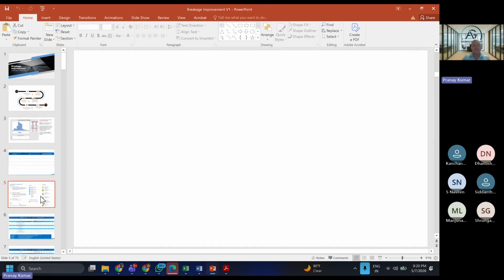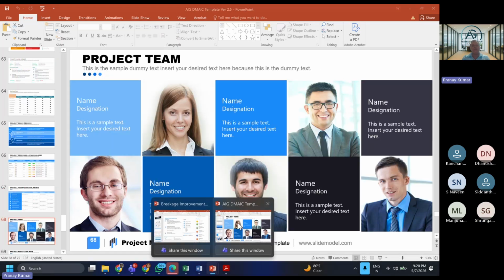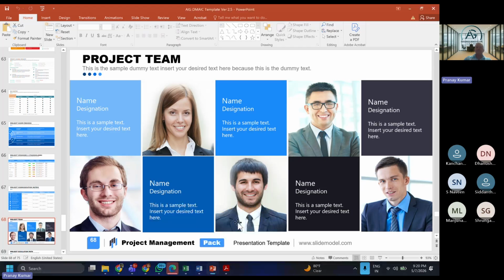If I could have a dedicated page saying who my team members are, that gives people the visibility that they need. And they like it, because this presentation will be shared with the top management. The CEO is actually looking at who the people involved are. Do this again in the control phase if the project is successful.